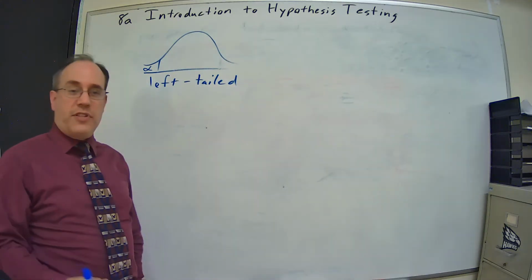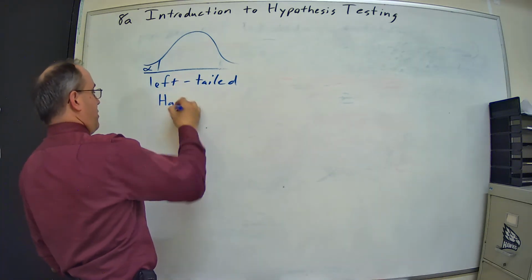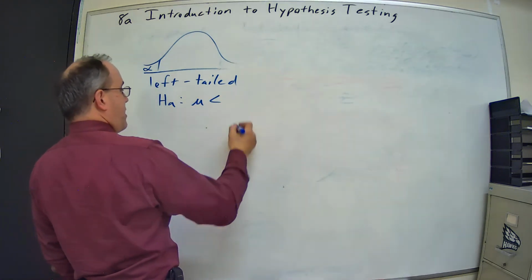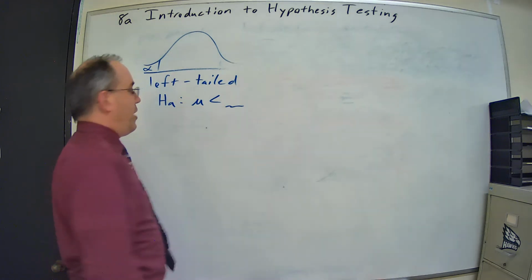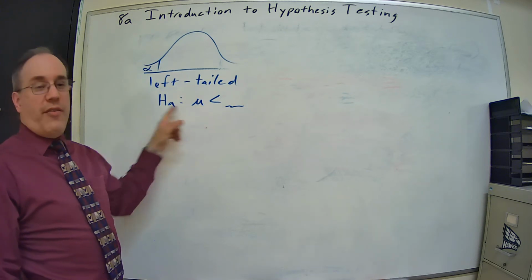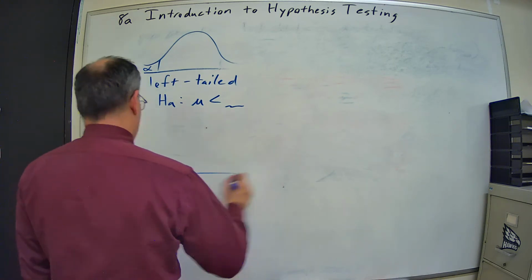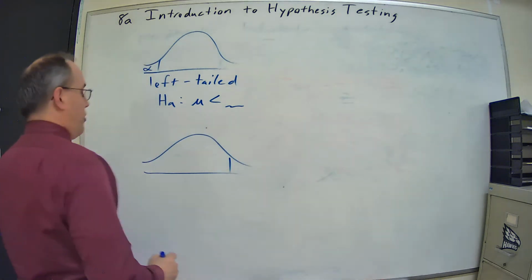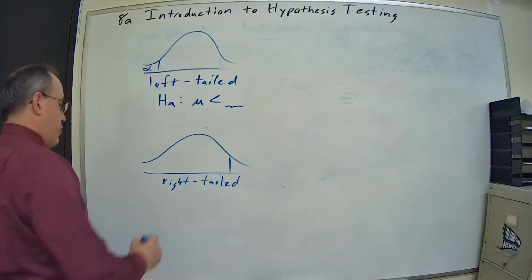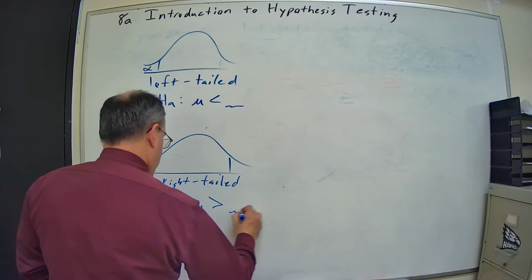And remember, we have a left-tailed test when the alternative hypothesis is that mu is less than some value, whatever it happens to be. I'm not putting a number in there. A right-tailed test occurs when the alternative hypothesis is that mu is greater than some value.